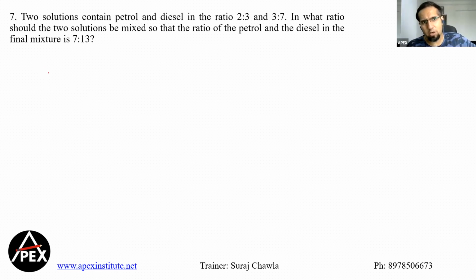So if you want to do the shortcut method, 2x of petrol and 3x of diesel. Okay. 3y of petrol and 7y of diesel. Now do not forget you are mixing them in the ratio of 5x to 10y. After mixing, we get the final quantity of petrol to diesel in the ratio of 7:30.